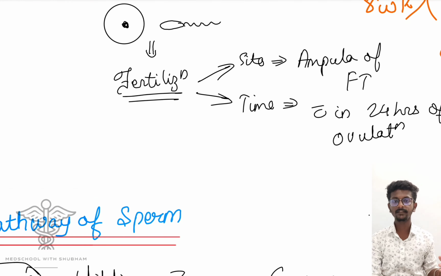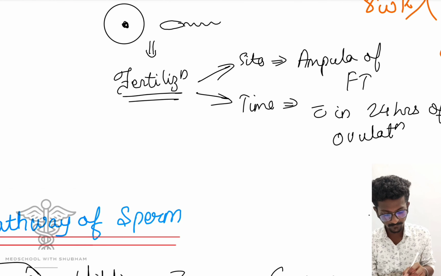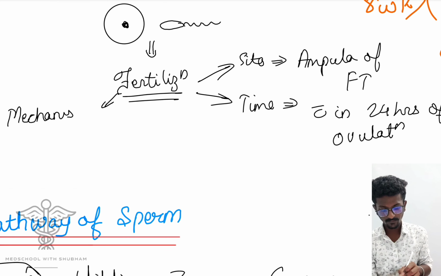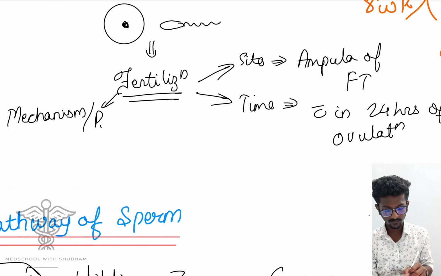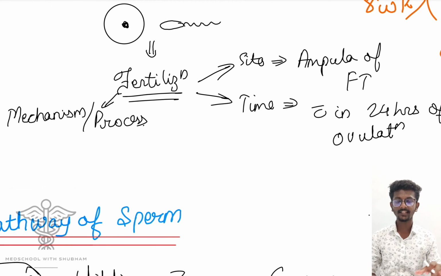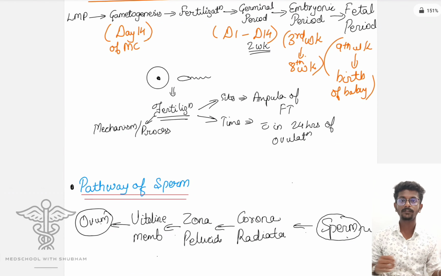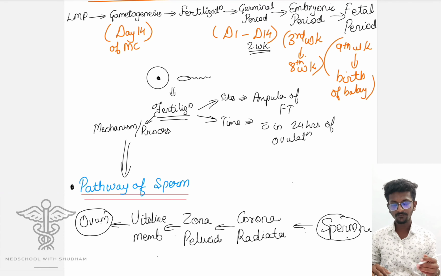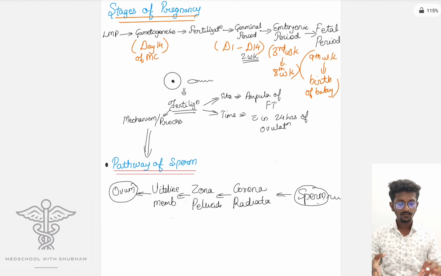Now the next thing that we have to learn is the mechanism or process of fertilization. In this mechanism of fertilization, the first thing which we have to learn is the pathway of the sperm inside the ovum.